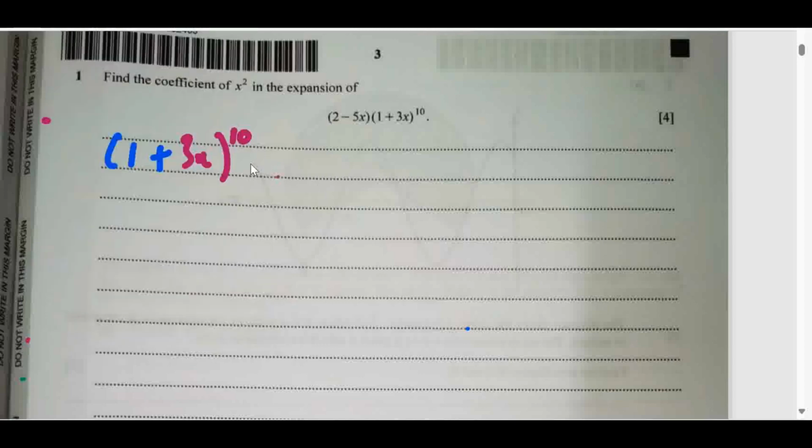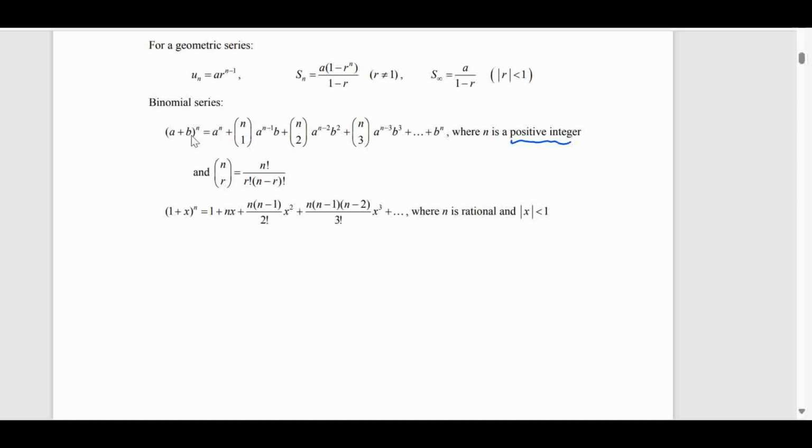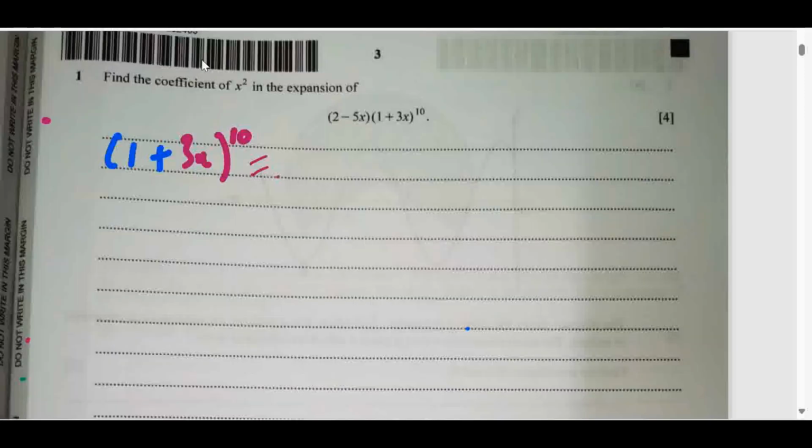Now we have to use the binomial expansion formula, (a plus b) whole power n, which equals a power n plus nC1.